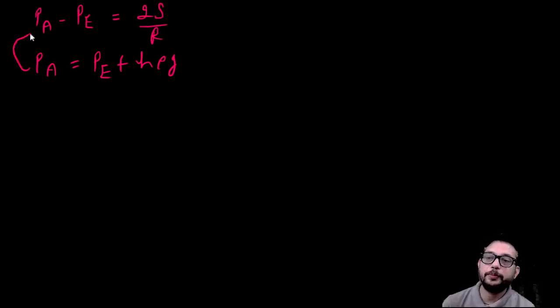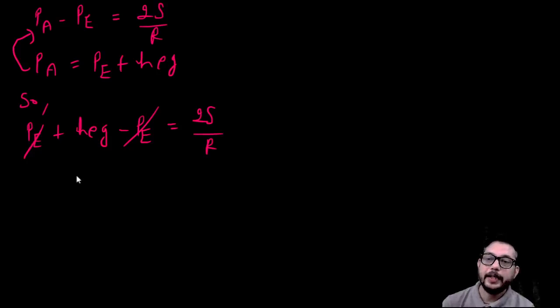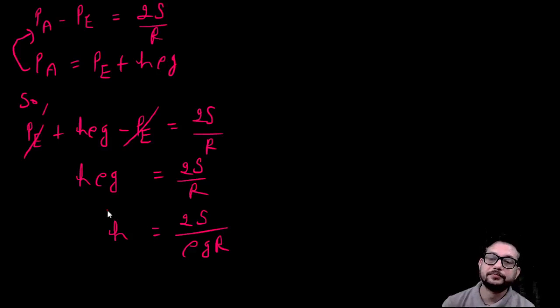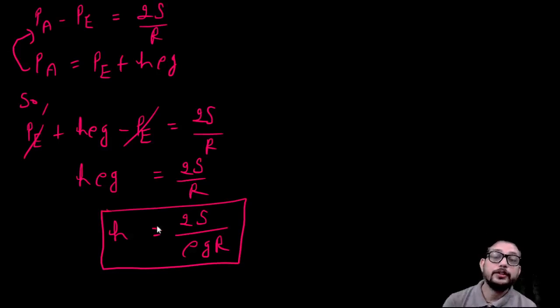So place the value of PA here, so we have PE plus h rho g minus PE, and that is 2S upon capital R. So PE and PE cancel out, and we have h rho g equal to 2S upon capital R, or simply h equal 2S upon rho g capital R. So this is the formula which is in terms of capital R.